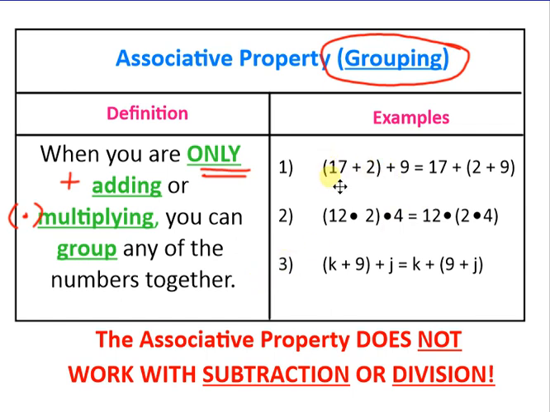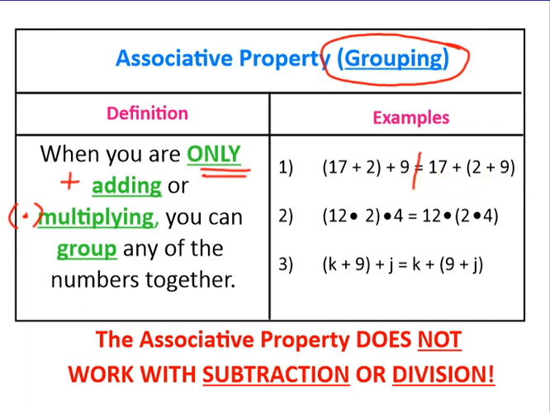For example, here I have the numbers 17, 2, and 9 on this side of the equal sign. Over here, I have the numbers 17, 2, and 9. They're in the exact same order on both sides of the equal sign.